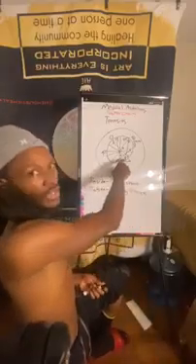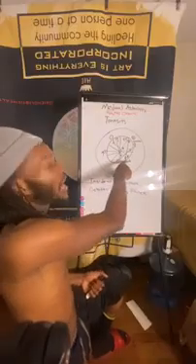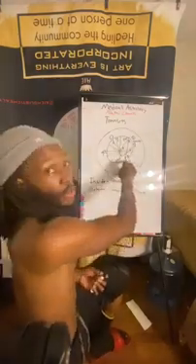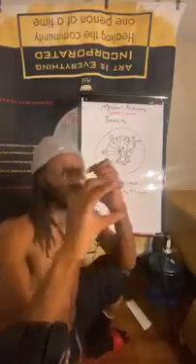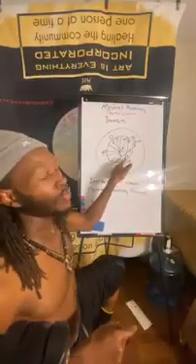You follow me? Because Mercury is the planet of communication. And let's say the transiting Mars is conjunct your Mercury. Remember, conjunct just means right next to each other. The transiting Mars is conjunct your natal Mercury.